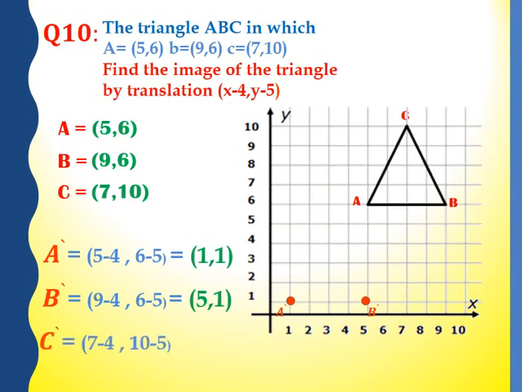And the last point, 7 minus 4 and 10 minus 5, gives me the image of the point C, (3, 5). Plot it also on the coordinate plane, then join your new points to find the image of the triangle ABC by the translation x minus 4 and y minus 5.